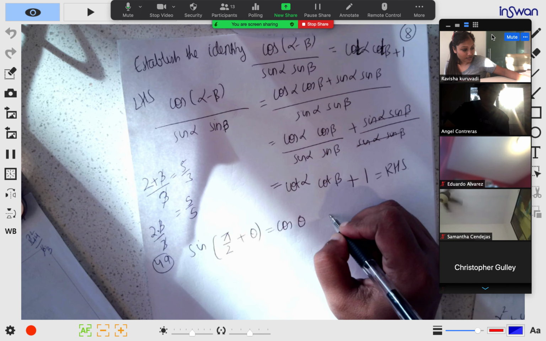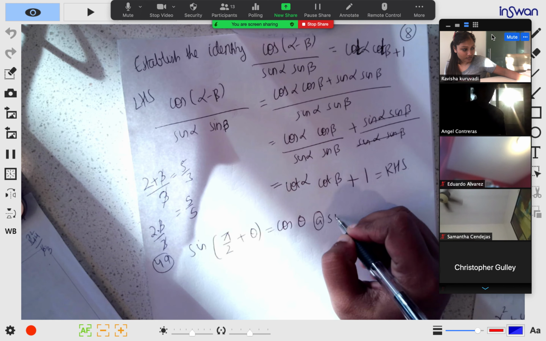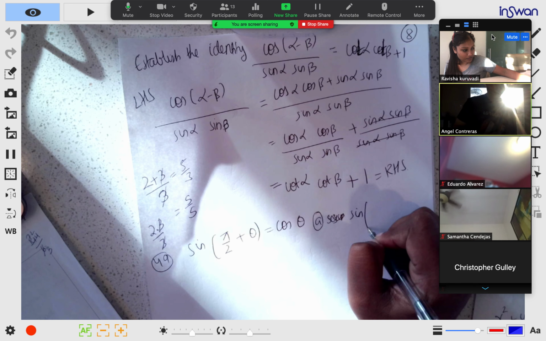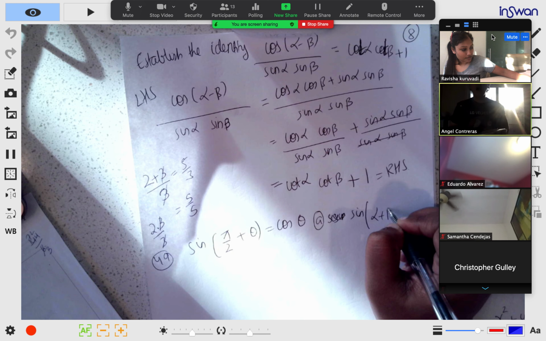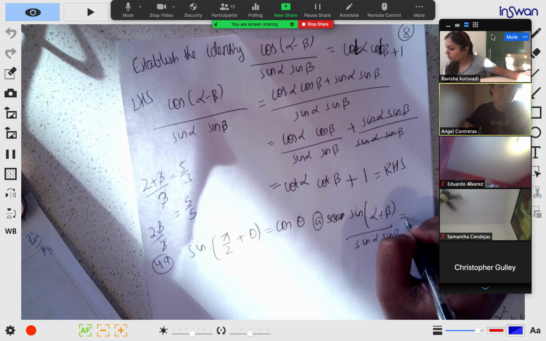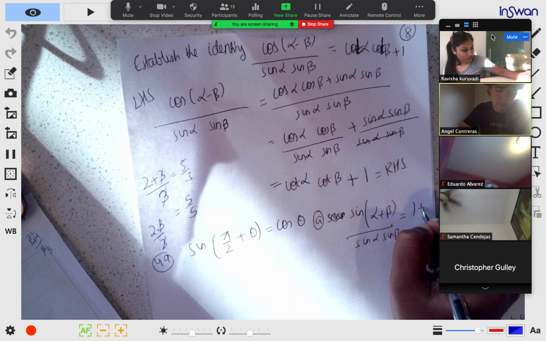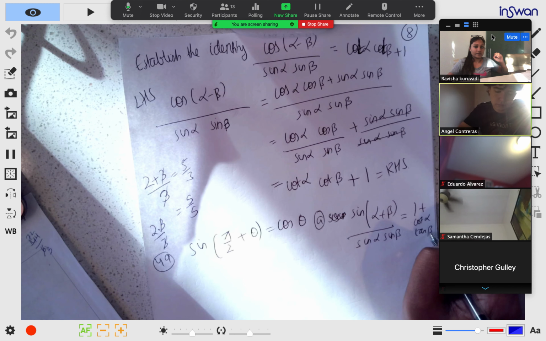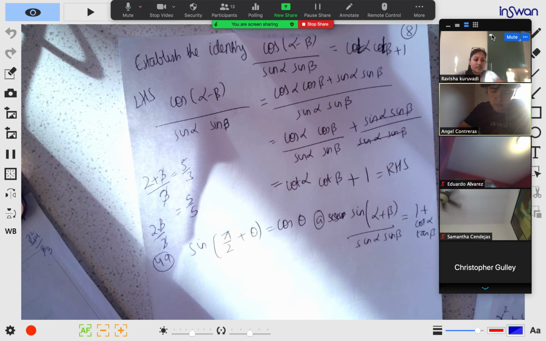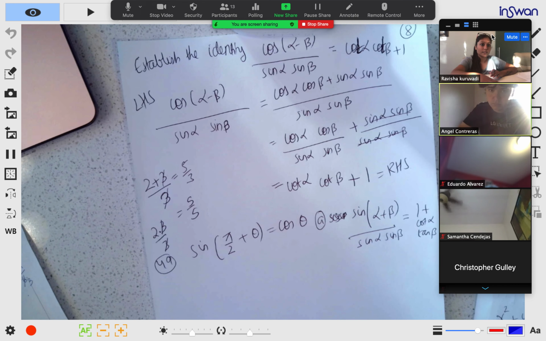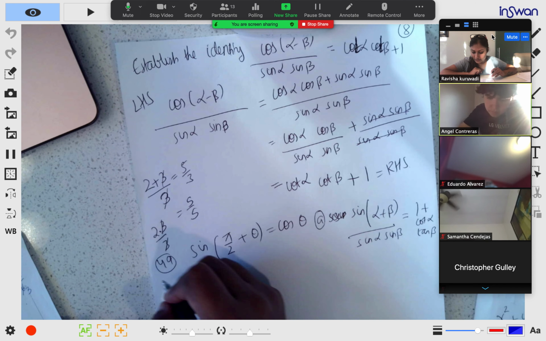The second problem is sine of alpha plus beta over sine alpha sine beta is equal to 1 plus cotangent alpha tangent beta. You need to prove these. Let me see if I can stop there. This is the first part, this is the second part.